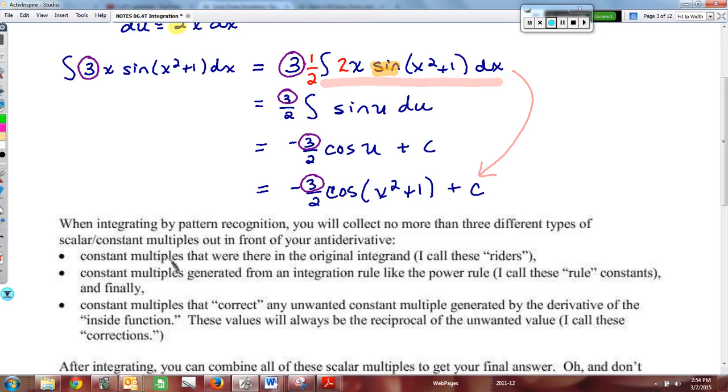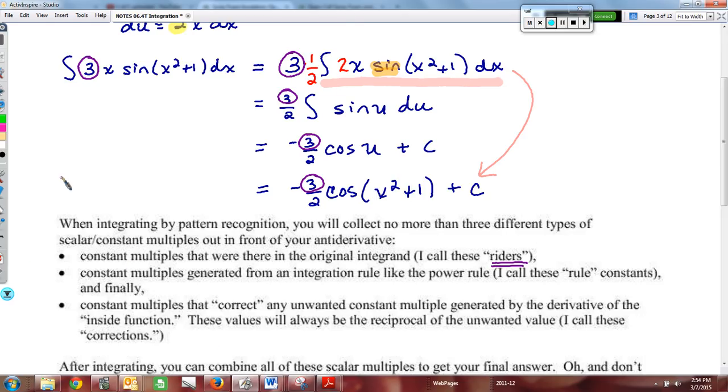So the constant multiples that are there in the original integrand are going to be called riders. It's not a technical term, but it's going to work for us. So when I say there's a rider, there's a constant that just needs to ride along all the way to the answer. Then we're going to have constant multiples that are generated from the integration rule, like the power rule. For example, we didn't have one in this problem because there was no power rule.